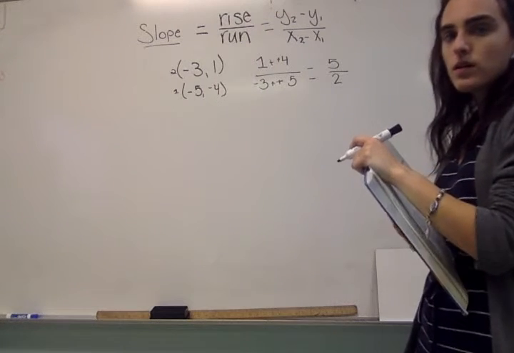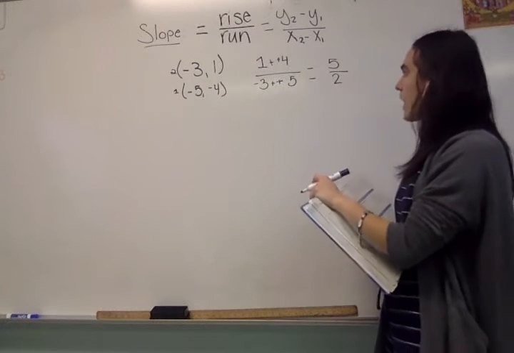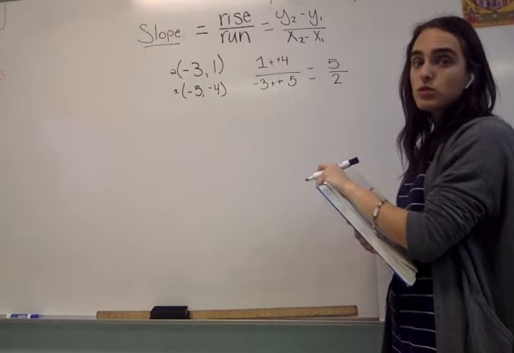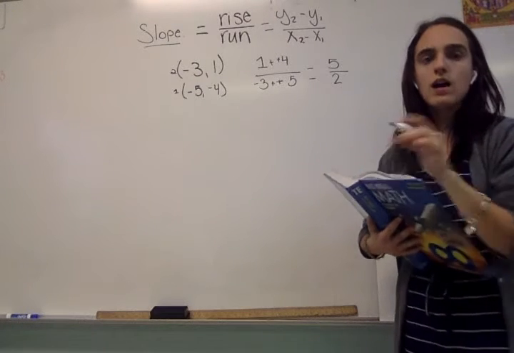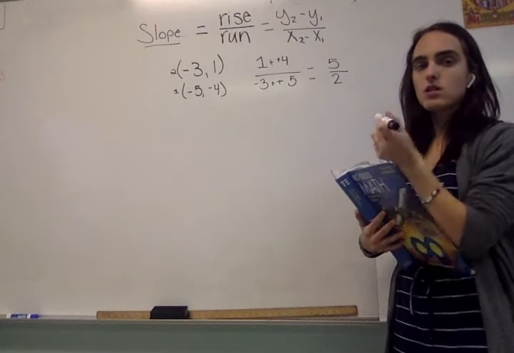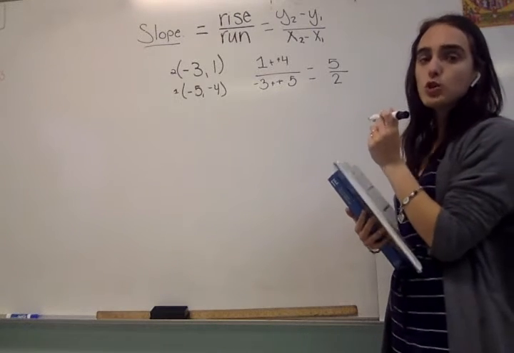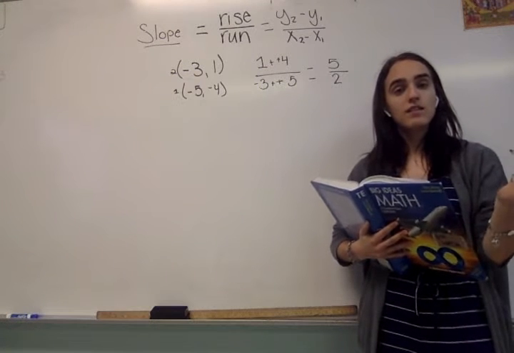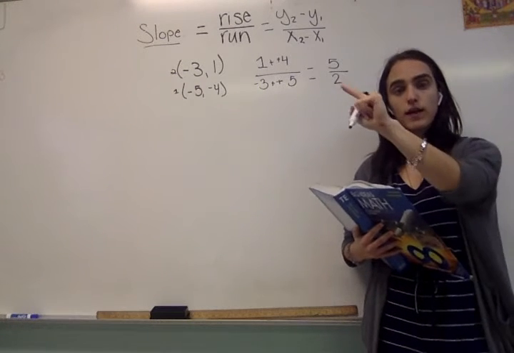So the slope between these, I rise 5, and I go to the right 2. Between every single point on this line, I'm rising 5 and going to the right 2. So it has a positive slope, which means this line rises from left to right.